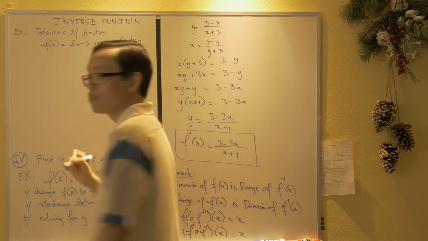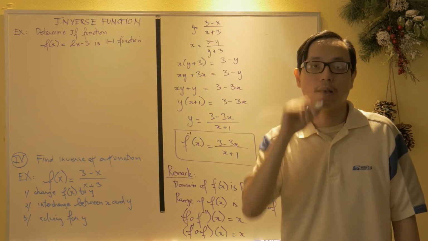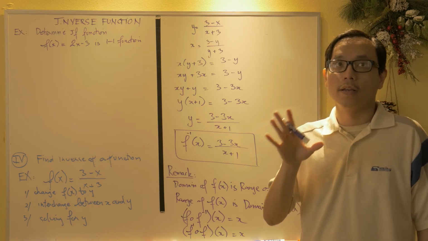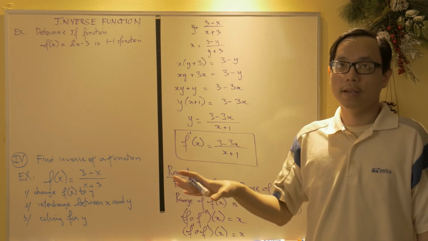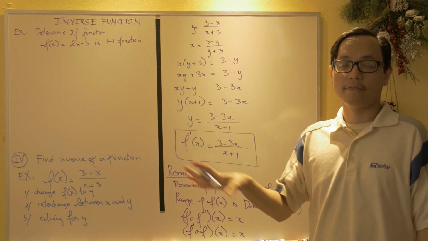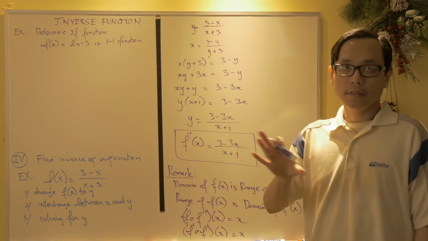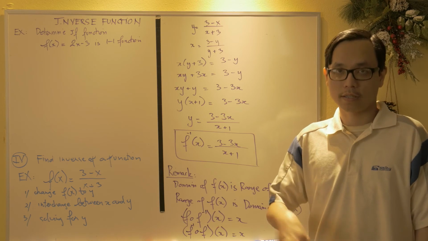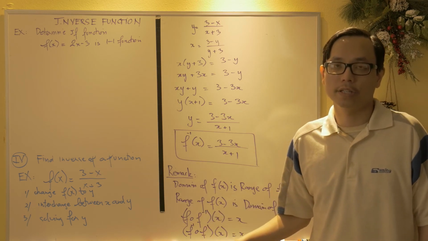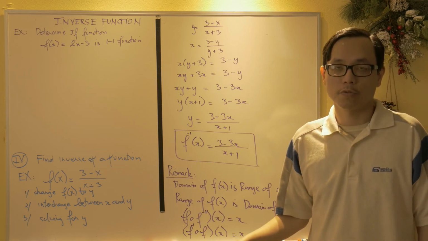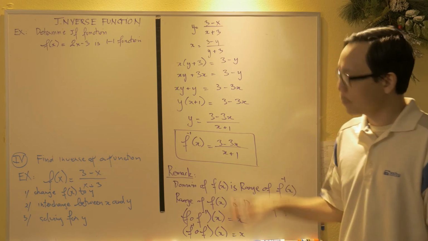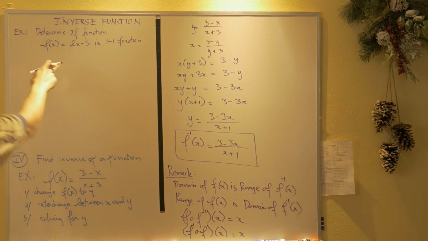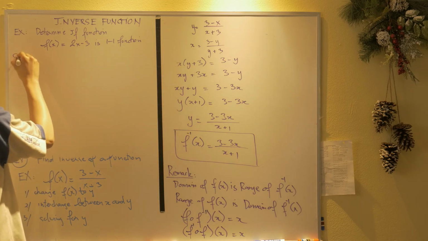Remember the definition of one-to-one function we mentioned last time: if A is different from B, then f(A) is different from f(B). If x1 is different from x2, then f(x1) is different from f(x2). We're going to use that definition to see if this function is one-to-one or not.